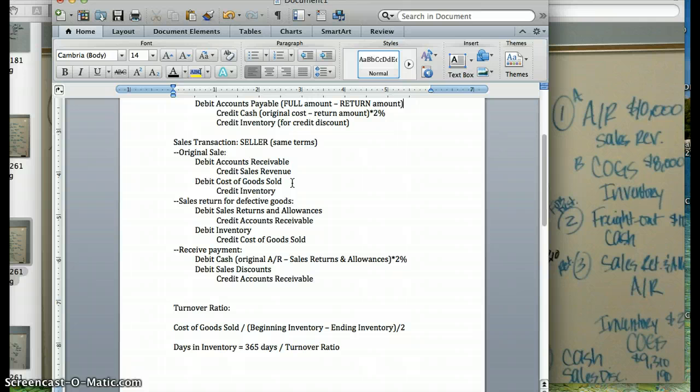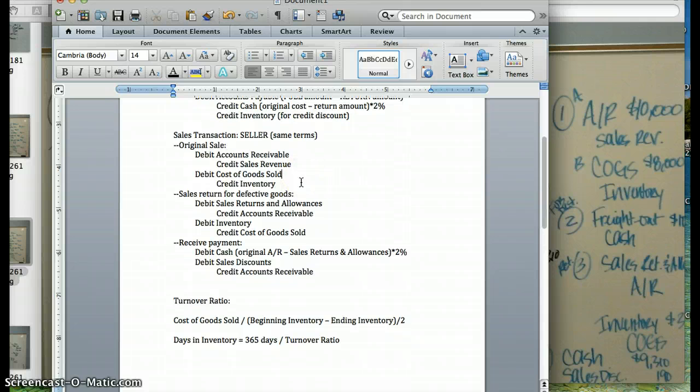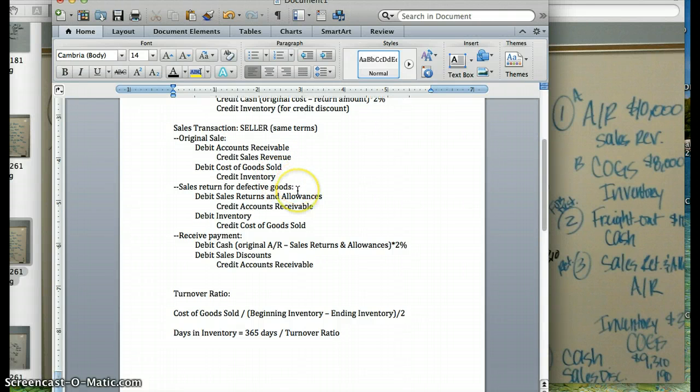The cost of goods sold will obviously be lower so the seller can make a profit, maybe 7,500 or 8,000. On the exam, you'll be given that. It'll say your sales order was for $10,000 with the cost of goods being 7,500 or something like that. So remember, these two always go hand in hand: cost of goods sold and credit inventory.